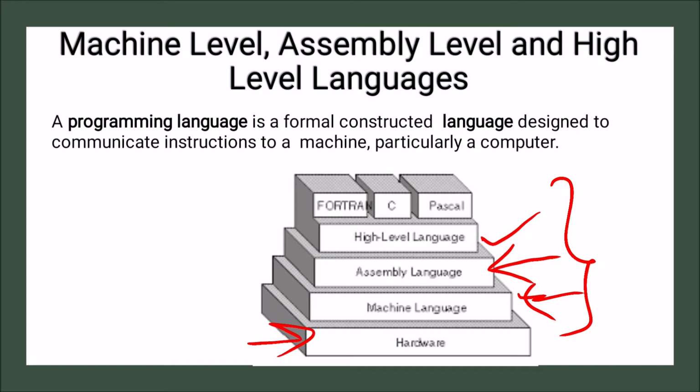If we both know the English language, then we directly communicate. But if a person does not know English, then how do we communicate? That's why some language is formalized. So a programming language is a formally constructed language for communication purpose to a computer.